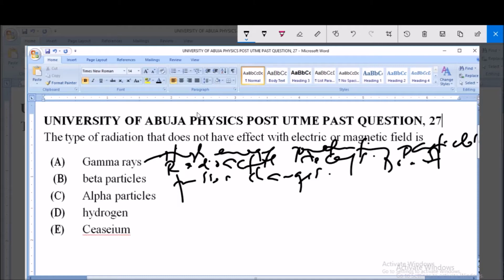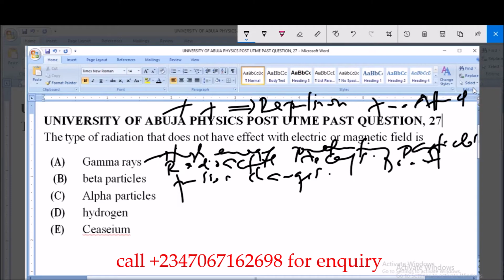If a positive charge meets a positive charge, there is repulsion. If the charges are similar, they repel. But if a positive and a negative charge meet, attraction occurs. If a positive charge meets an uncharged body, there is no effect. That's why a gamma ray doesn't react to electric or magnetic fields.